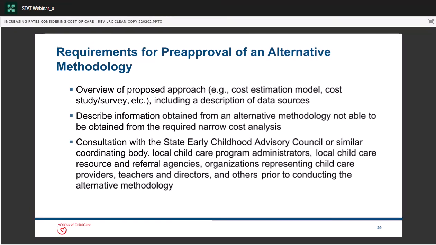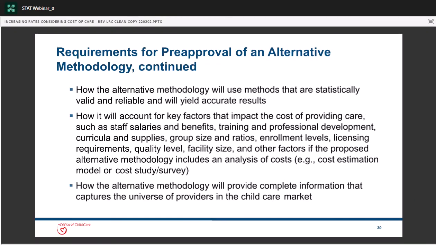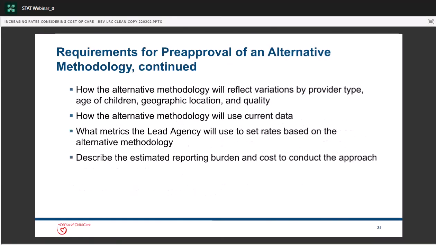Next slide, please. You're going to provide the assurance of how your approach is going to be statistically valid and reliable. You'll account for key factors that impact the cost of providing care. Many of those are highlighted on the slide in front of you. You'll also assure that you're going to capture the universe of providers. Next slide, please.